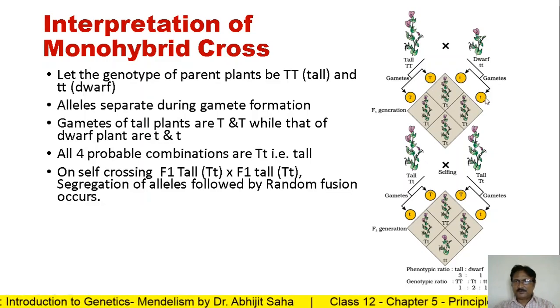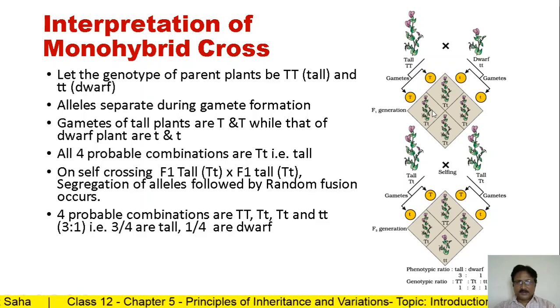Capital T with this one, and capital T with this small t. So all the four are capital T small t. That's why I said that the F1 generation are 100% tall. But this tall is quite different from this tall. The difference is that the parental tall plant is pure and the F1 generation tall plant is hybrid.